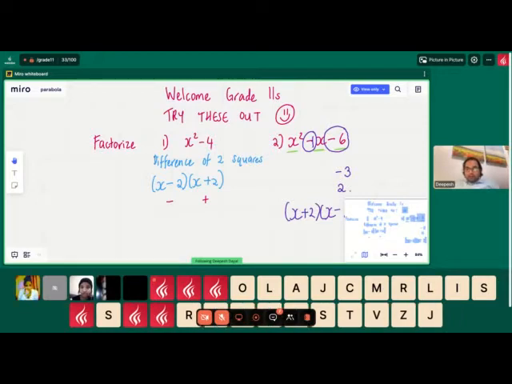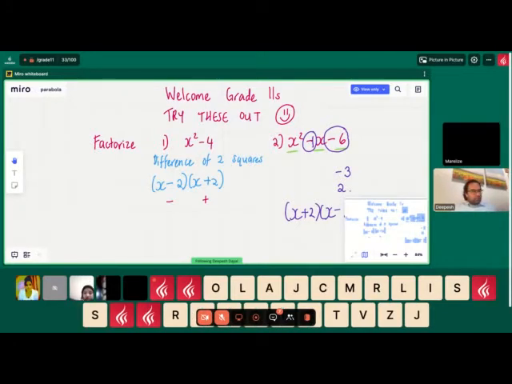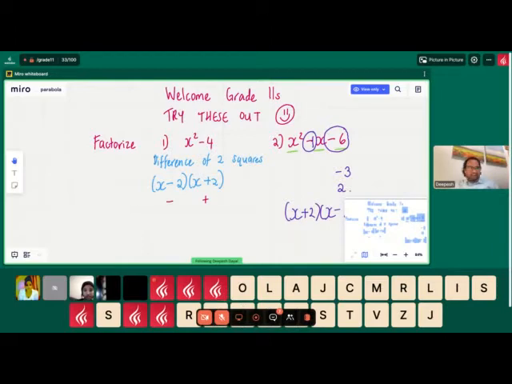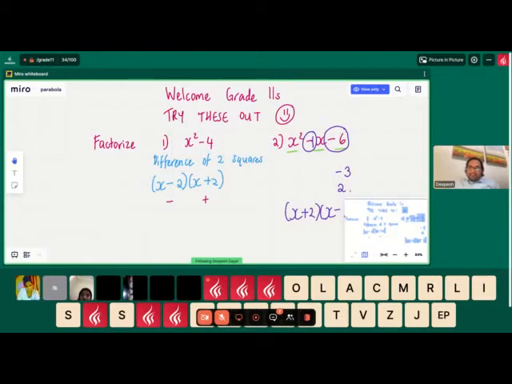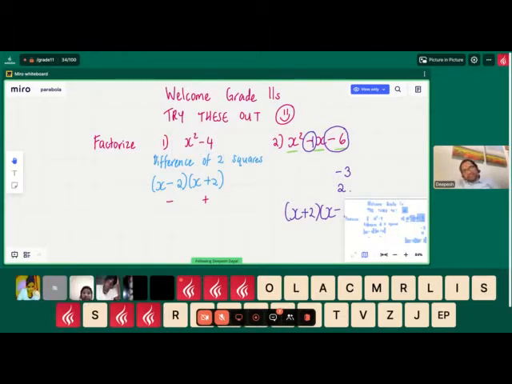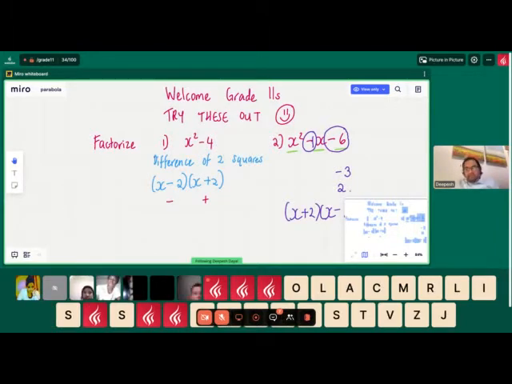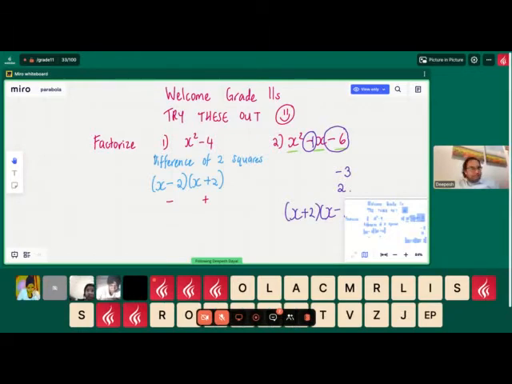Okay, so we're going to now move on to more exciting content for the lesson today, which is the parabolas. Do you have anything to share, or shall I continue? No, I think we can go for it. Okay, great. So how are you feeling about factorization? You can press an emoji and let me know how it's looking so far.